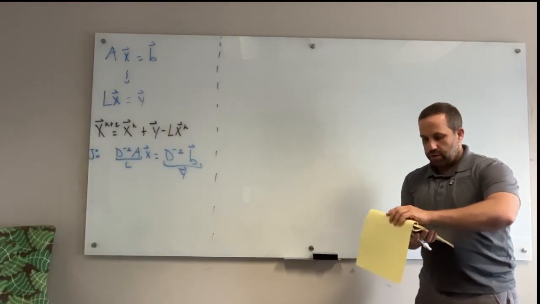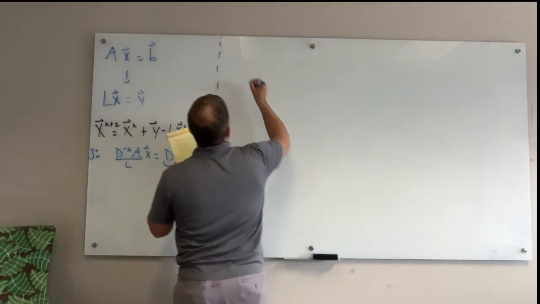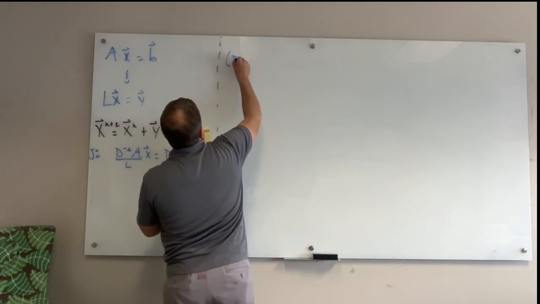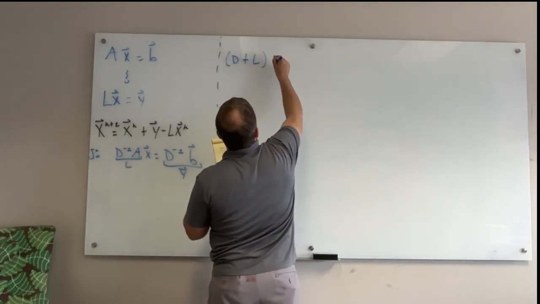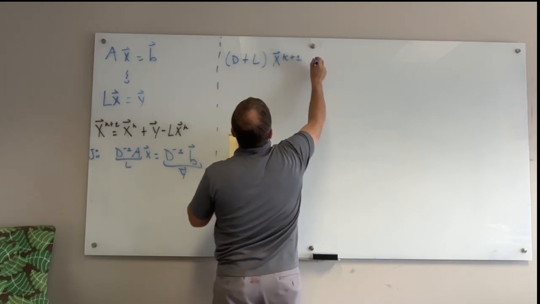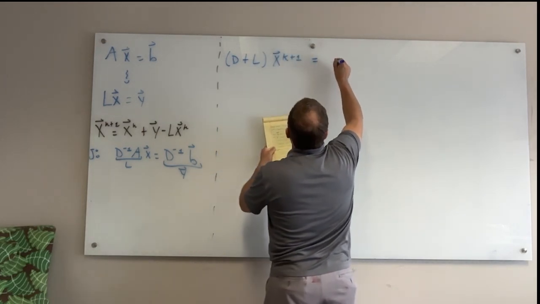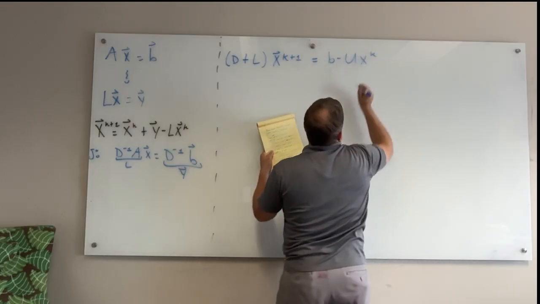So the next one that we looked at was Gauss-Seidel. And the Gauss-Seidel method, again similar to the Jacobi method, we can write it in this implicit form: D x_{k+1} = b - U x_k.